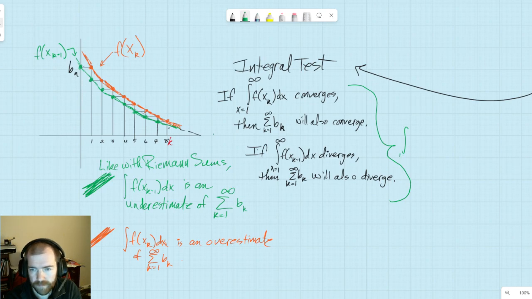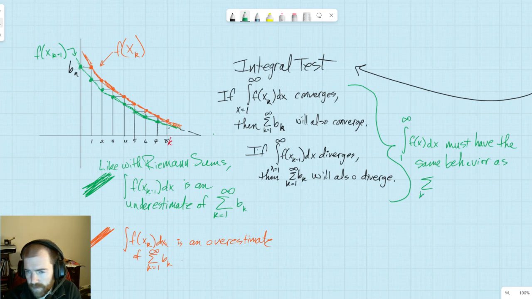The integral, not k, the integral from 1 to infinity of f of x dx must have the same behavior as the sum as k goes from 1 to infinity of b sub k.